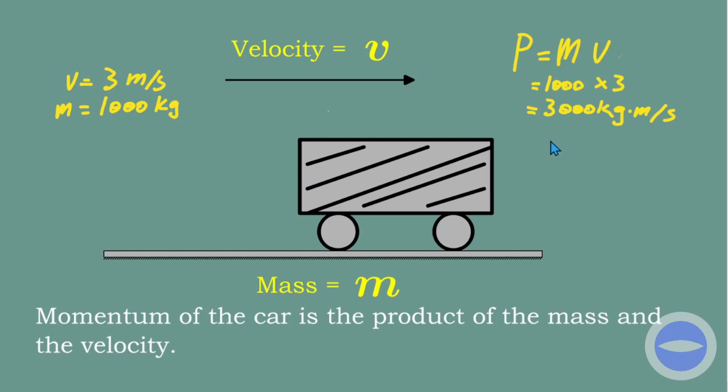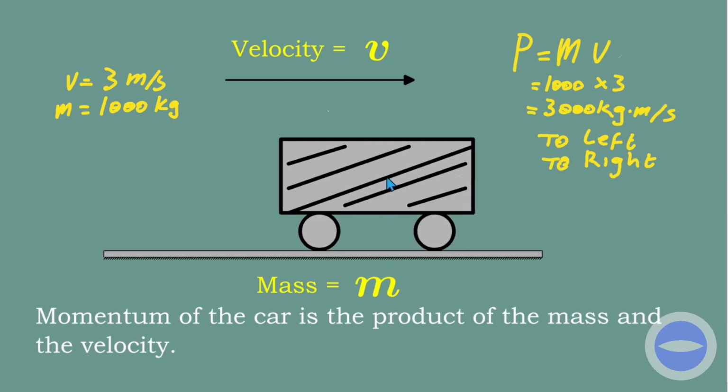So you must show the direction. You must show that it's traveling to the left or to the right, or downwards or upwards. It depends on the direction that the object is traveling to.